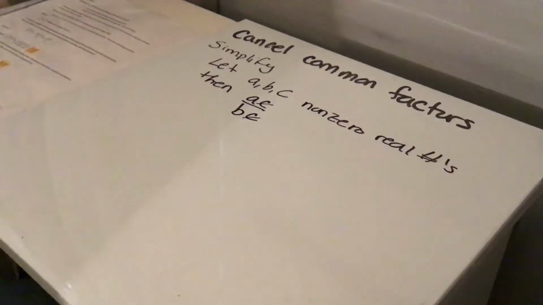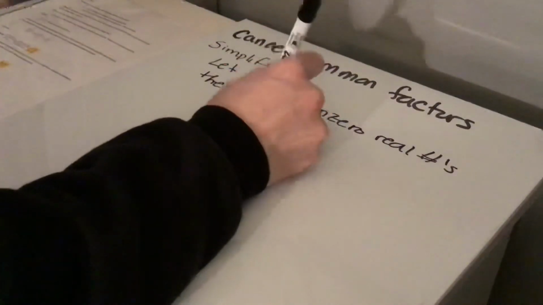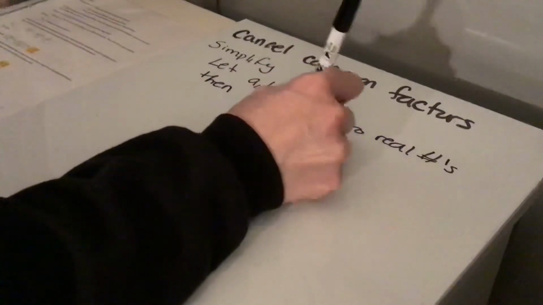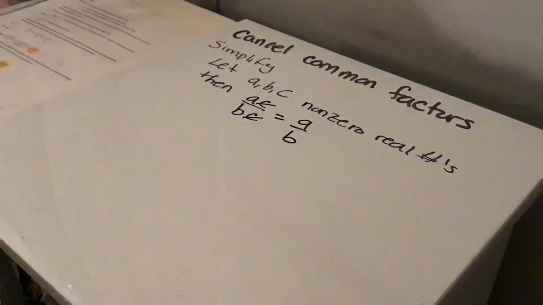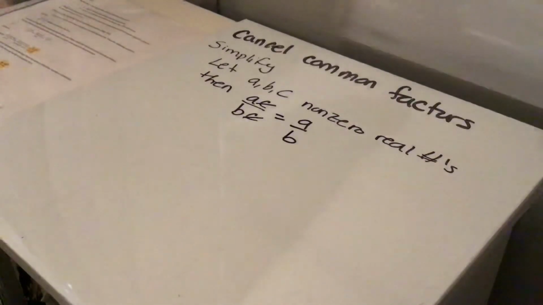They're not being added or subtracted. You can divide them out and simplify that to A over B. So it's the same for a fraction as it is for a rational expression: canceling out common factors.